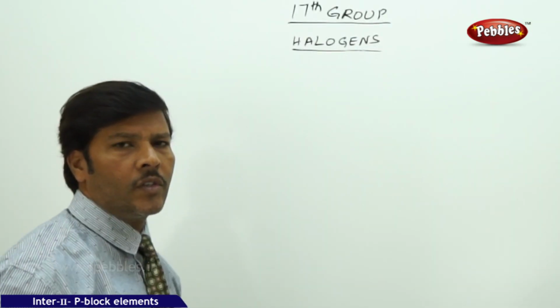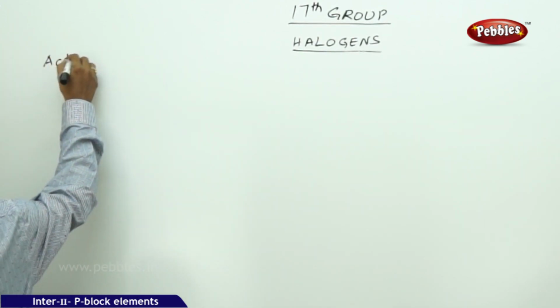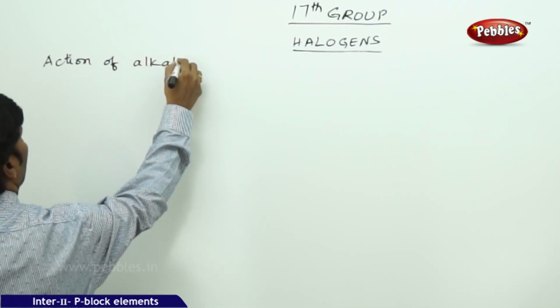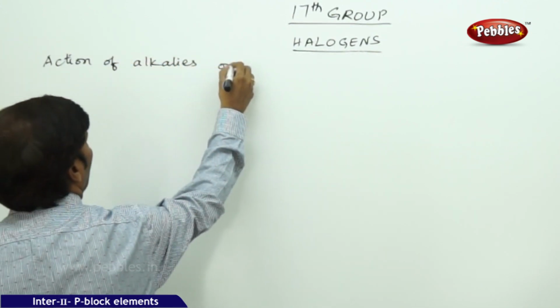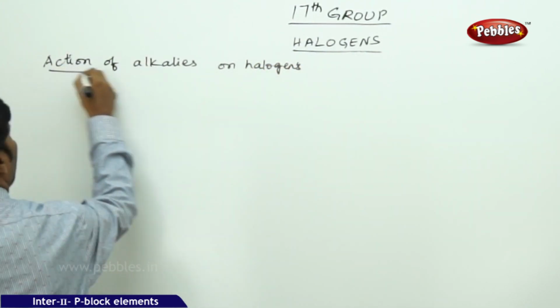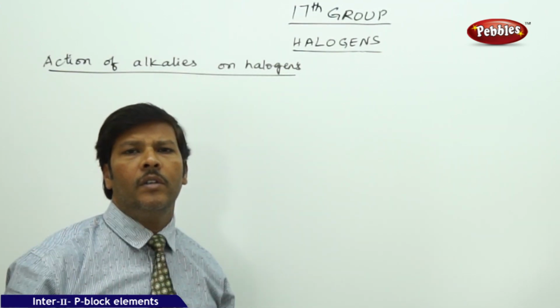So the next part of the discussion is the action of alkalis on halogens. Actually every halogen has a different mode of reaction with the alkalis.